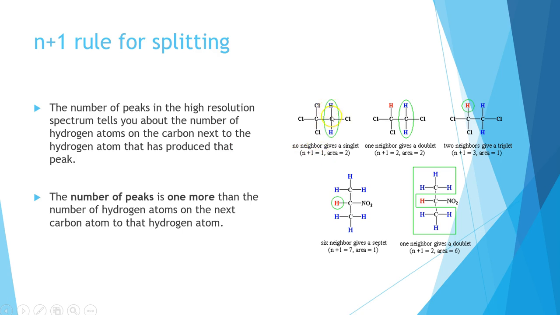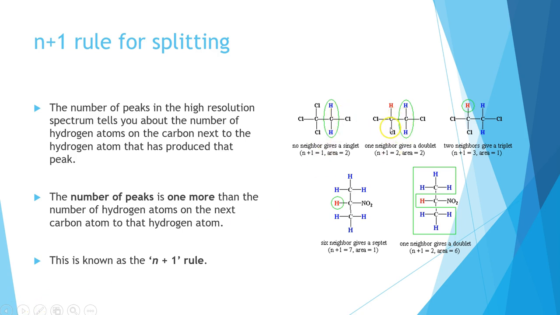So if we look at this, let's just get our drawing tool up here if it's going to work. No, it's not going to work. So this guy here on the left, where we have the 2 hydrogens, is going to give a singlet pattern.